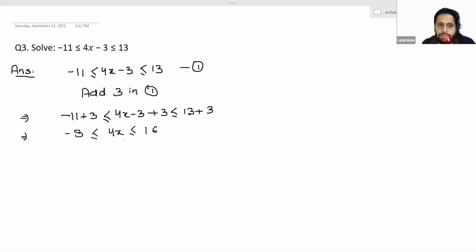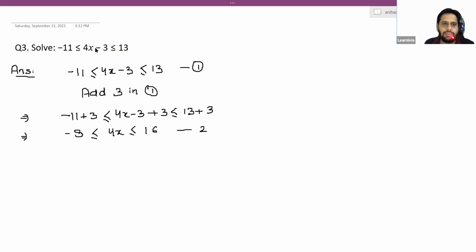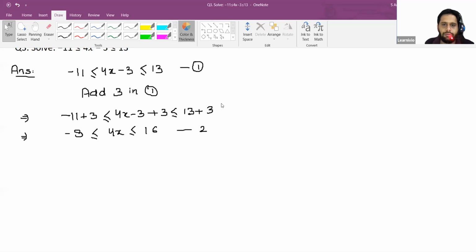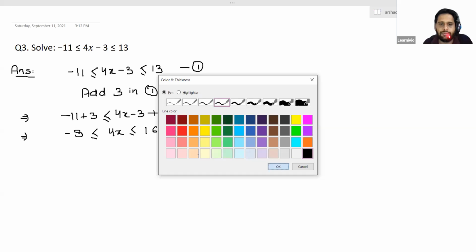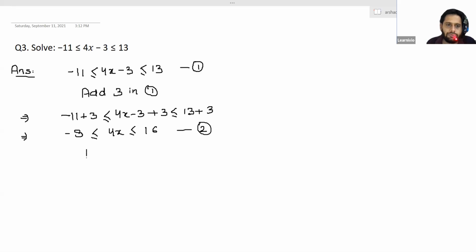So Ikhra, if we want to remove this 4, then what can we do? Divide by 4. Very good. So we will divide by 4. Okay, so this will give us 16 divided by 4, and this will give us -8 by 4.